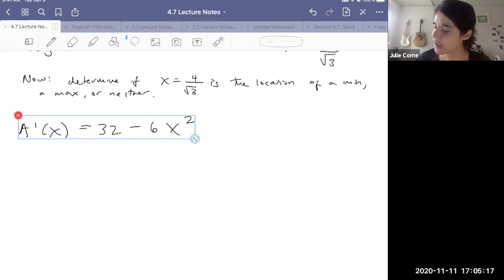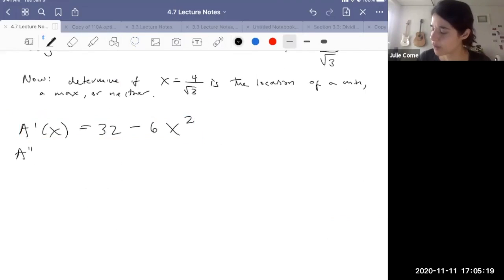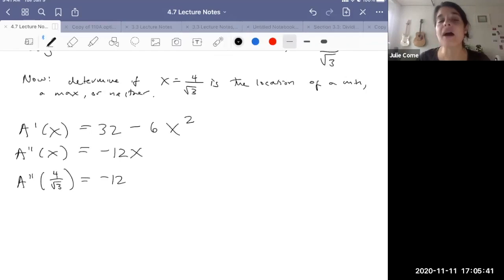So if I take the second derivative, A double prime of x, well, the derivative of 32 is going to be 0, and then the derivative of minus 6x squared is going to be minus 12x. And therefore, if I take the value of the second derivative at 4 over root 3, now remember, you don't need to know the value here.